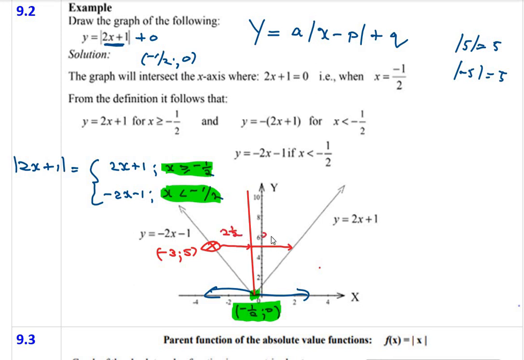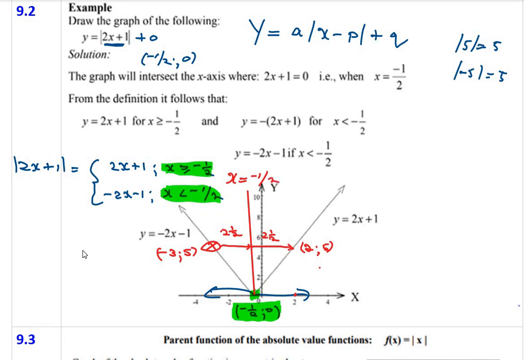So if I go 2.5 over on the other side, I will land here at 2, you can see it there, and that will also give me 5. Remember, we have to put 2 points on, so that's a nice point to use: the same point on this side and that side. Then it shows your symmetry. So remember, x = -1/2 is the vertical asymptote for the absolute value graph.